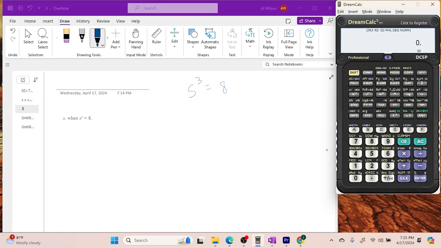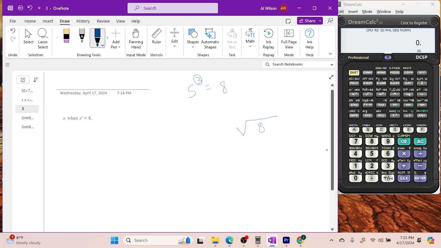Whenever you're moving from a power to a whole number, we use the root sign, putting the power in the little v of the square root symbol, which gives us the cube root.